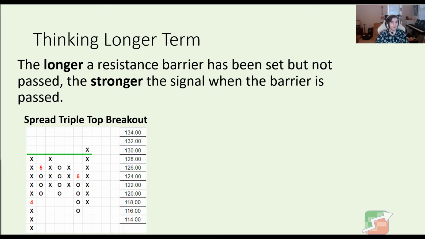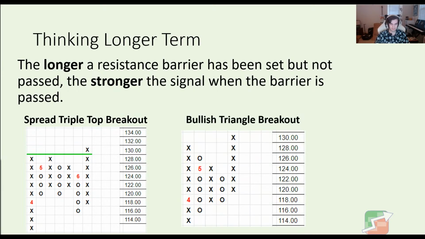And the other thing that I want to show you is what's called a bullish triangle. It is when you have columns of X's and O's that are reversing, getting shorter and shorter every time. Hence the name triangle.